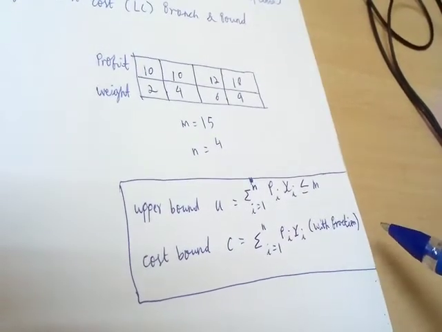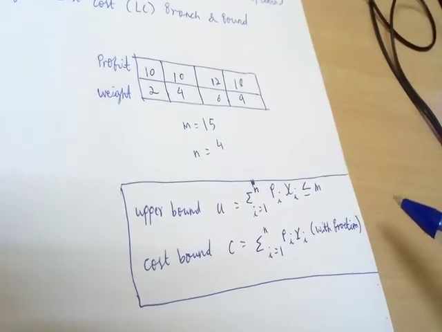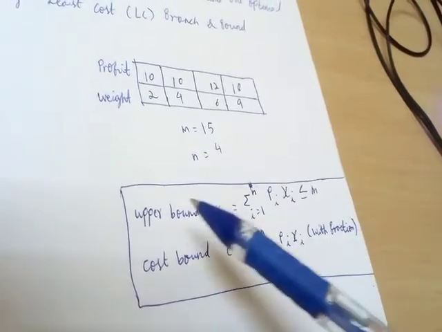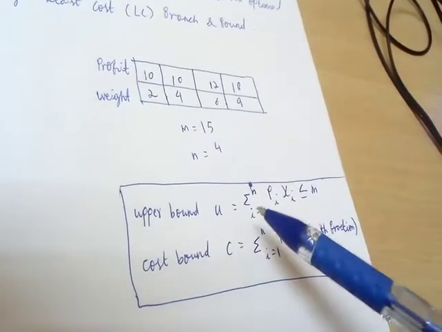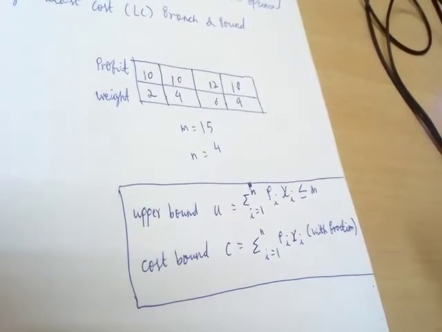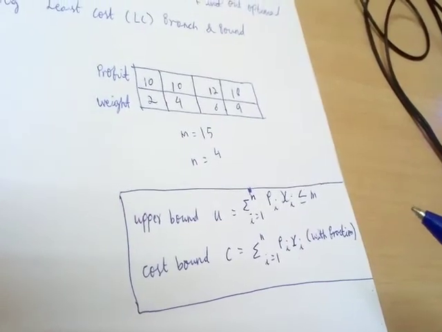If you remember, in fractional knapsack, even a ratio of an item can be added. So in cost bound, we consider the partial knapsack, whereas when computing the upper bound value, we go for 0-1 knapsack. Let's solve this problem, then we will be able to understand.